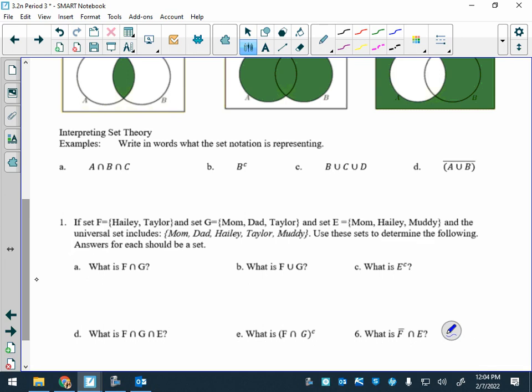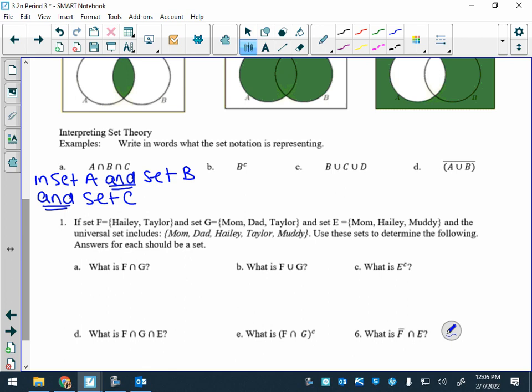So, if we see the upside down U, what does that stand for? John? And. So this is in set A and set B and set C. In set A and set B and set C. What does that little C stand for? Right.